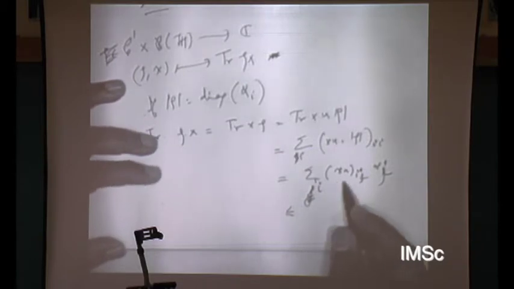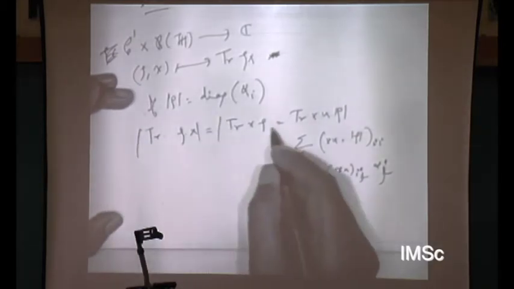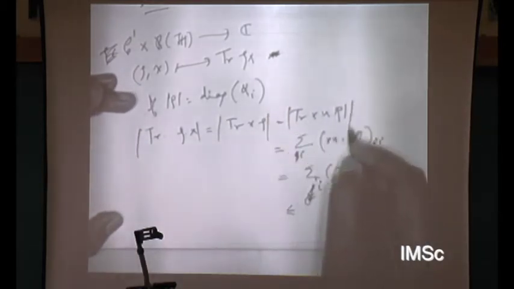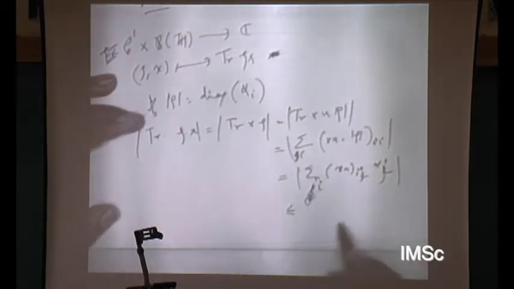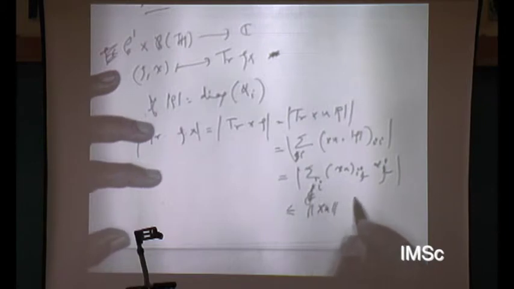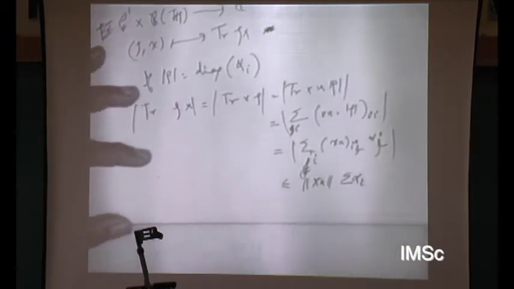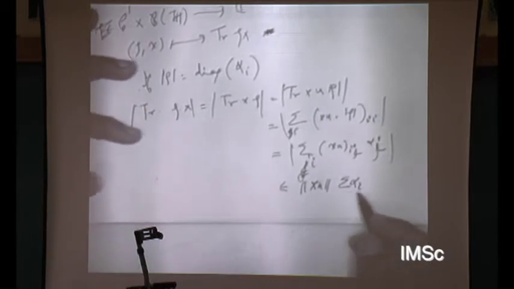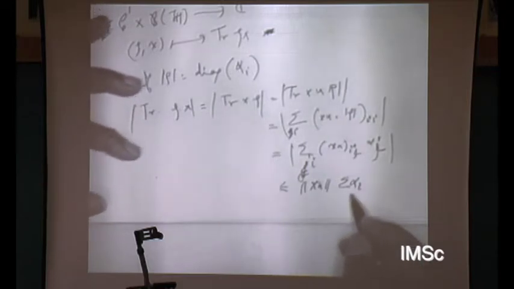So if we take absolute value, each of these is bounded, and the sum is the trace of mod rho.